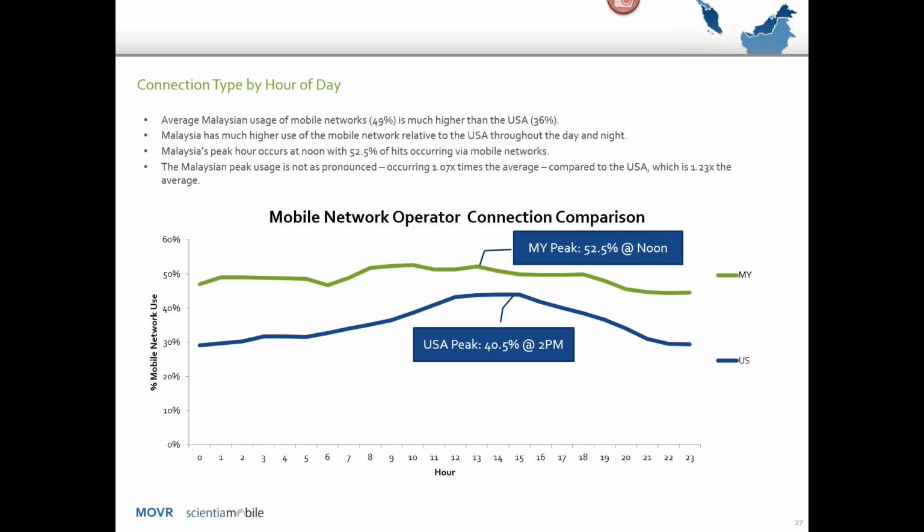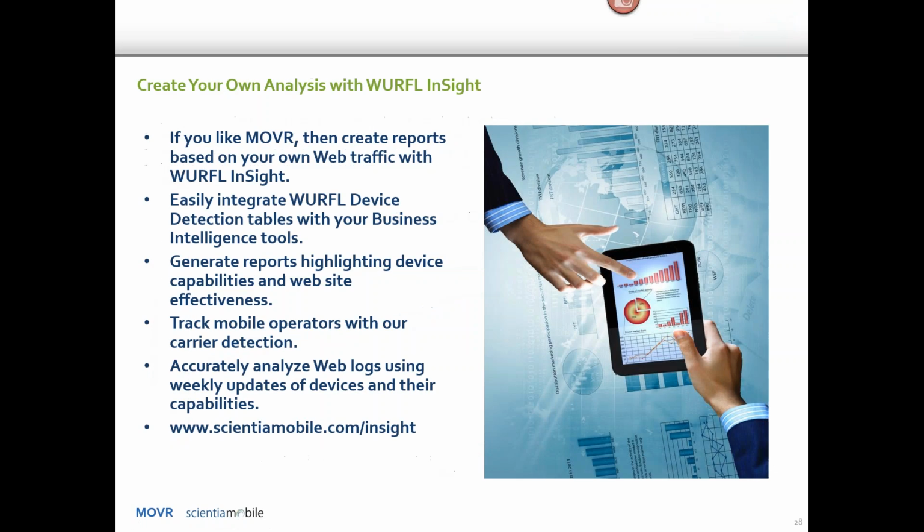And you can see that it's relatively constant, peaking at 52% for the mobile network operator usage. The U.S. has much more of a pronounced curve, peaking at 40%, which is significantly lower than the Malaysian market. Okay, so that's the end of our report.